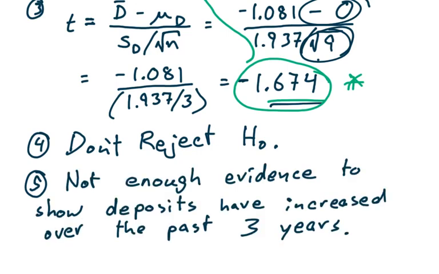So in summary, we say there's not enough evidence to show that deposits have increased over the past 3 years. All right? So this seems a little bit strange. You would say, well, okay, look, the majority of these banks, they did show an increase. There were a few that didn't show very much increase, or there were a few that even had a decrease.